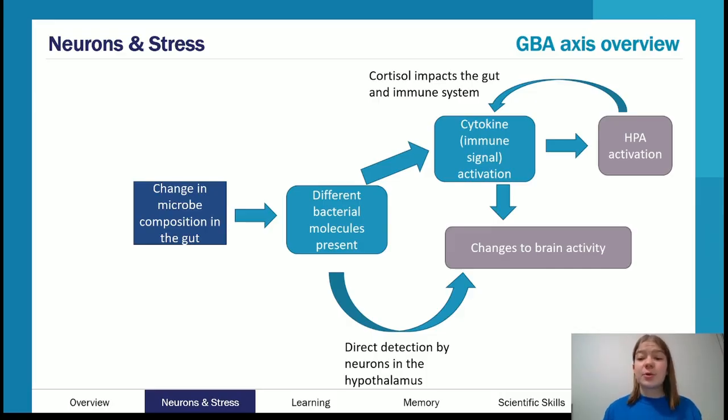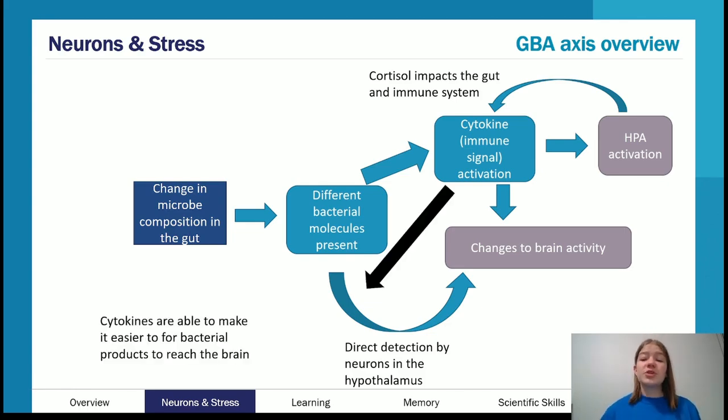This cytokine response can then lead to easier HPA axis activation. And we know with our HPA axis, we can get more cortisol, which is going to impact the gut and the immune system. This cytokine response also makes our intestines more permeable, so it's going to be easier for our bacterial molecules to reach the brain and have an effect that way.